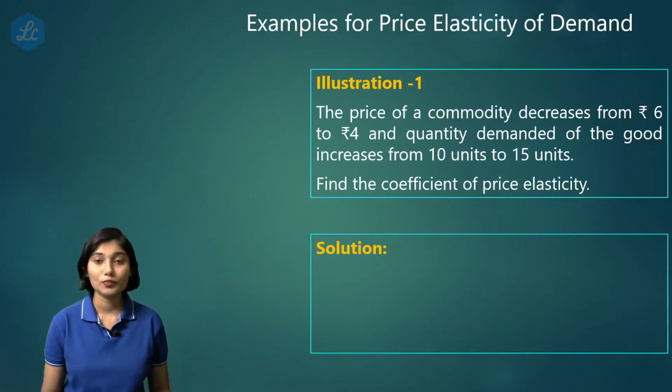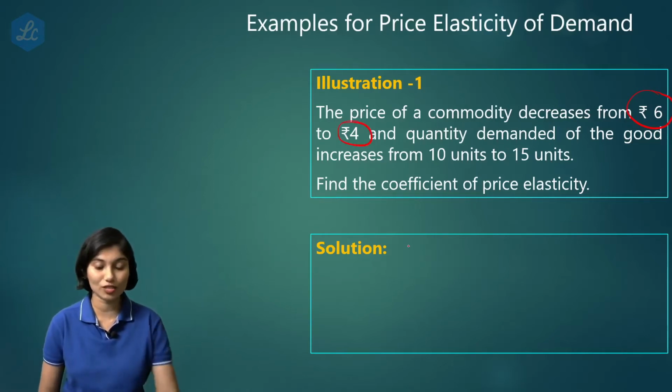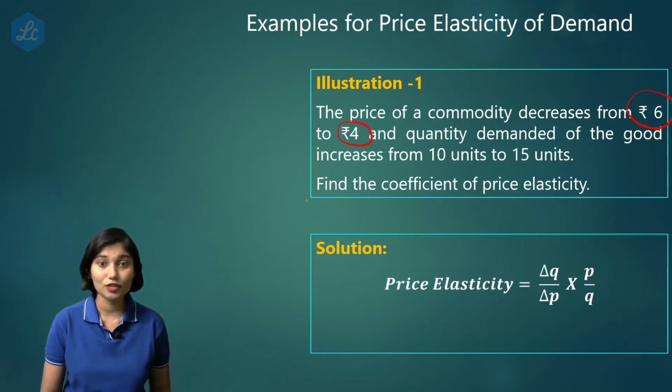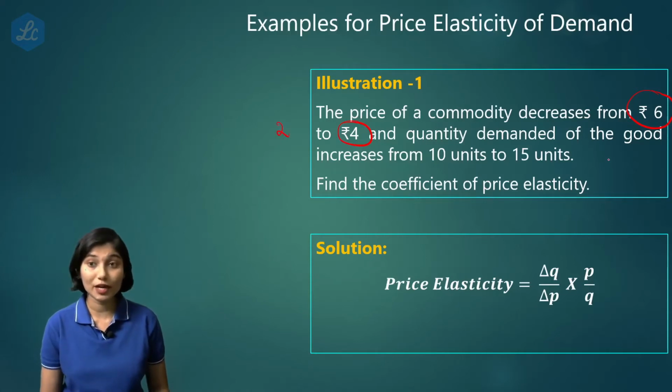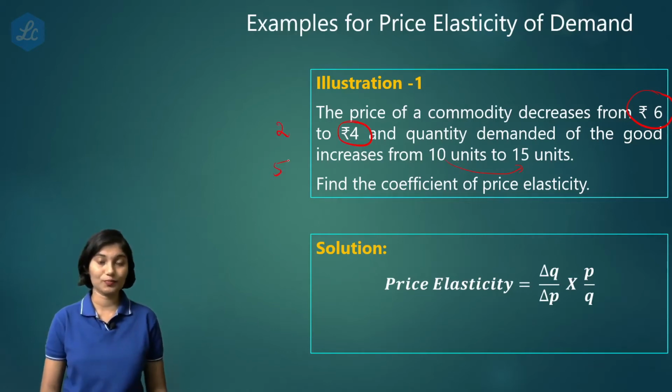So now, the price of the commodity has decreased, right, from 6 to 4. How much is the change in the price in such a case? 2, right? The change in the price is 2. Quantity demanded of the good increases from 10 to 15. How much is the change in the quantity? It is 5, right?